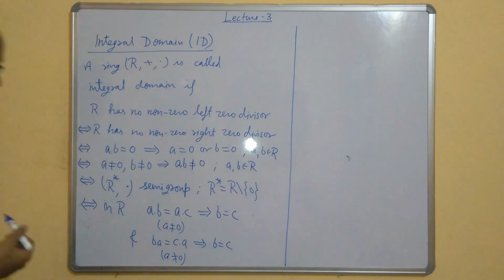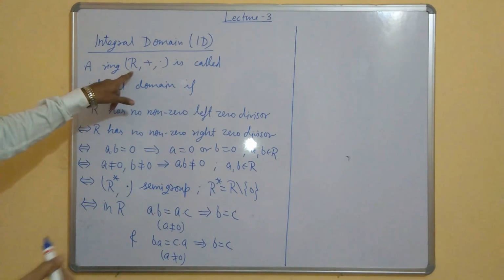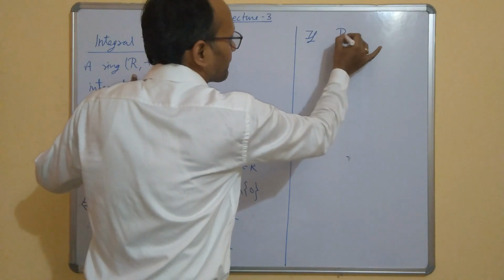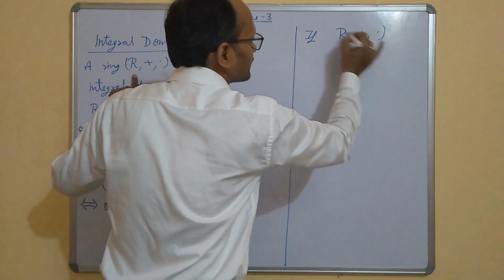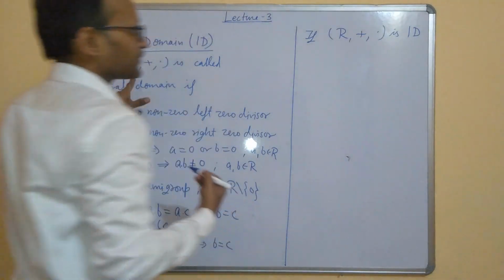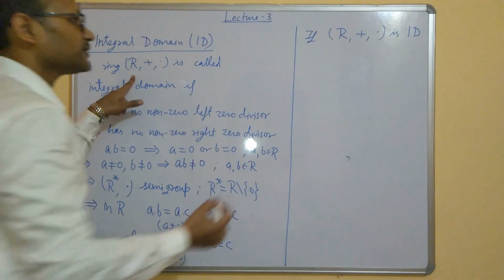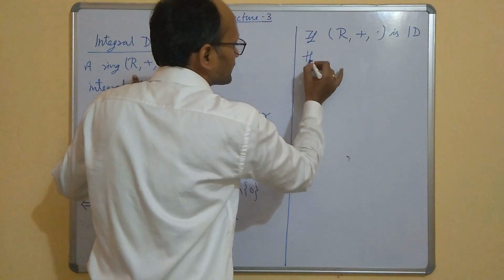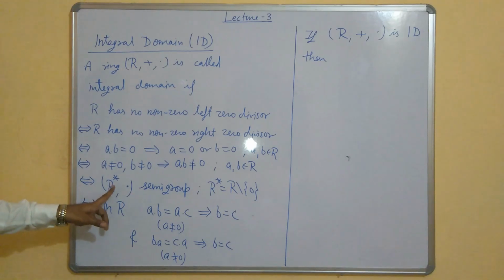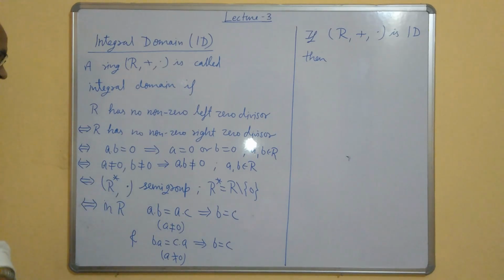One thing you note is that if R plus dot is integral domain, then R star is a semi-group with respect to dot.